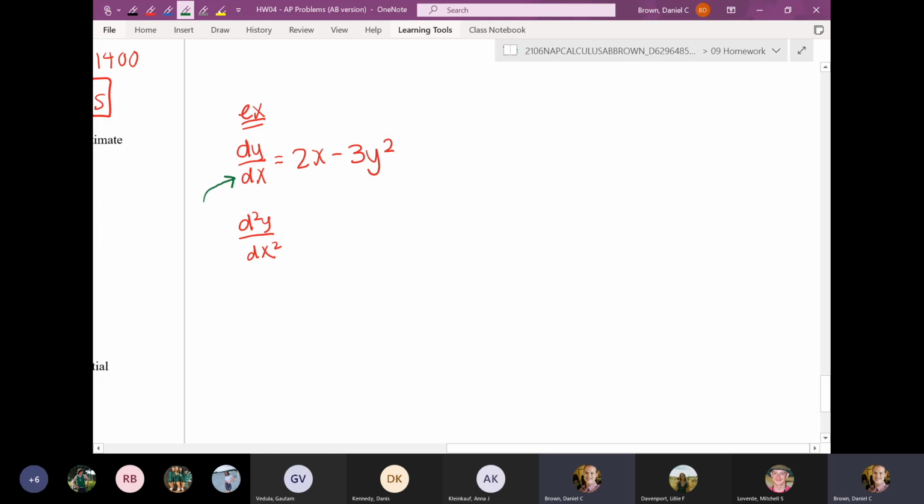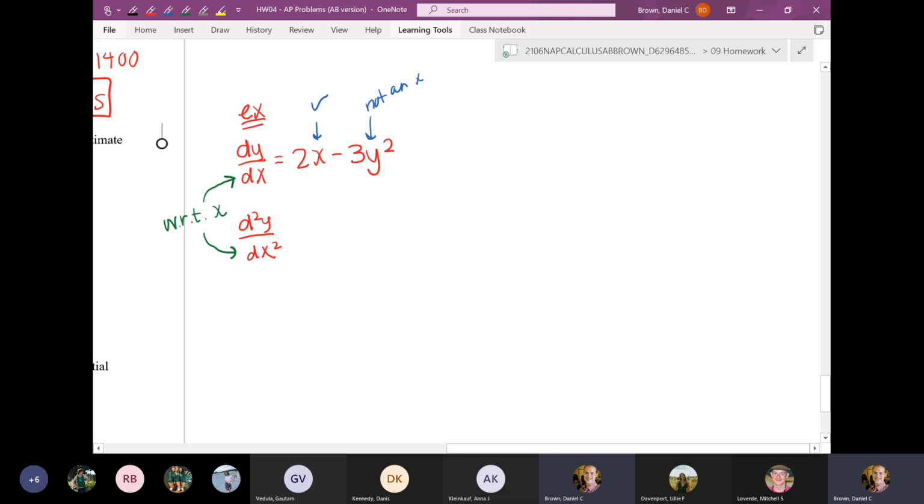This is the derivative, the dx in the bottom tells us we're doing it with respect to x. When I look at this problem, there's an x, so we're good to go. This is a y, which is not an x, so that's why we have to do the implicit differentiation.